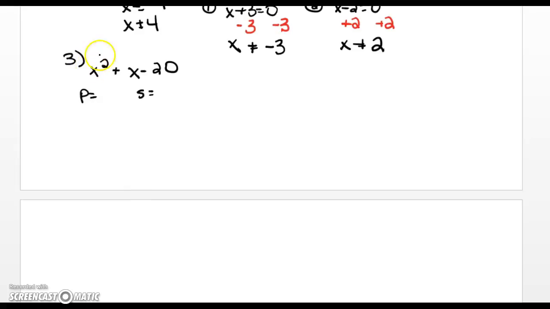The product of your first and last term is negative 20, and the sum is just that b value, which is positive 1. So once again, think about 2 numbers that would multiply to negative 20 and have a sum of positive 1. That would be 5 and negative 4.